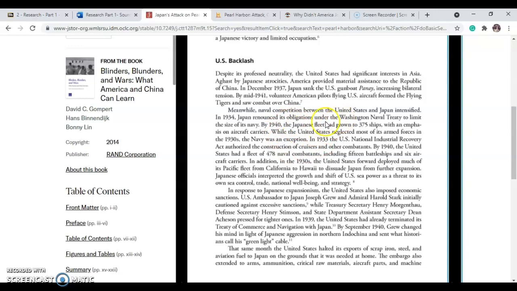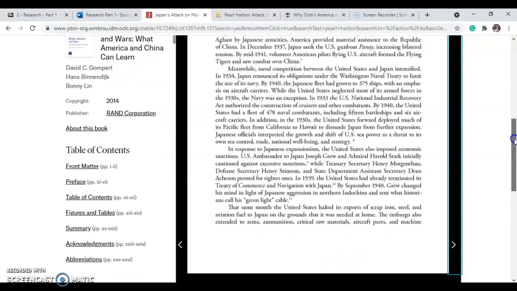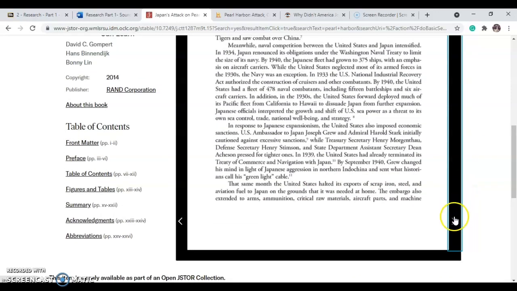Here they talk about the Japanese and the U.S. fleet and how they were growing during the war, and how the U.S. withdrew materials and imposed economic sanctions on Japan. This is what got us on Japan's bad side.